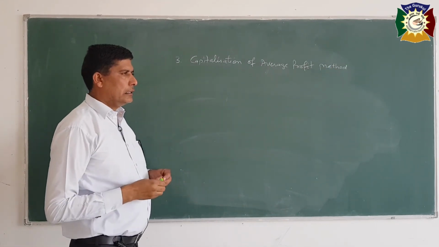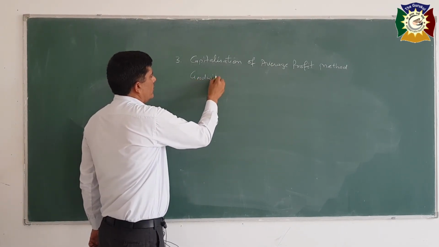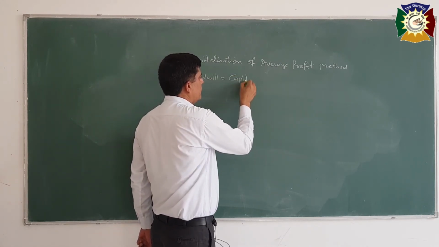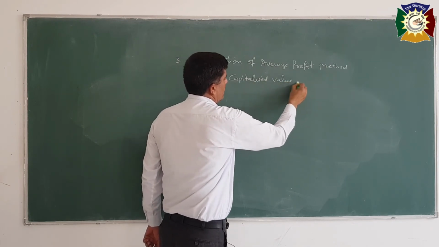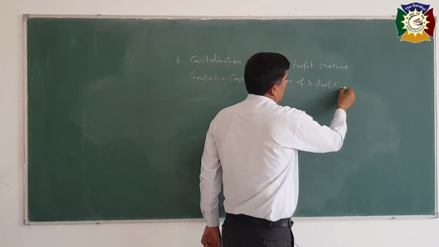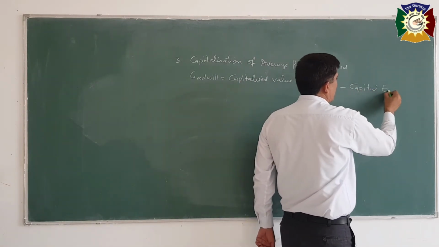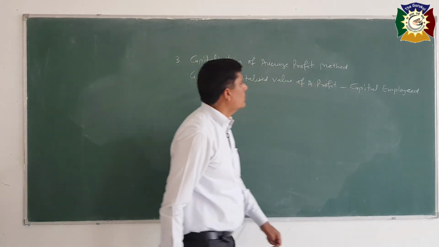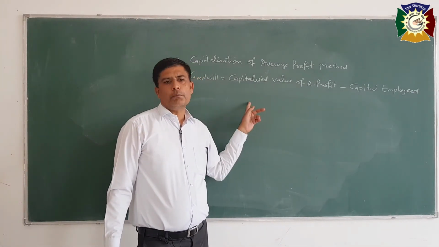So under this method, to calculate goodwill, we use the formula: capitalized value of average profit minus capital employed. This is the formula to calculate goodwill. Capitalized value of average profit minus capital employed.